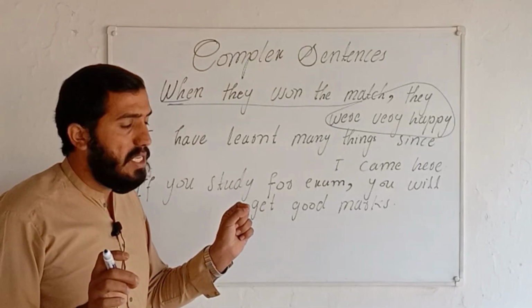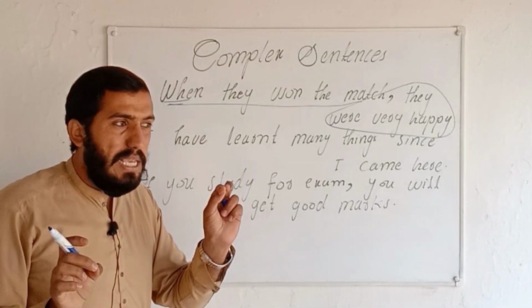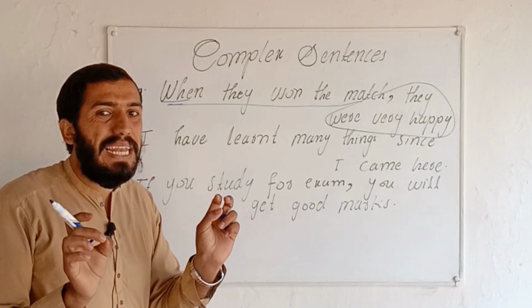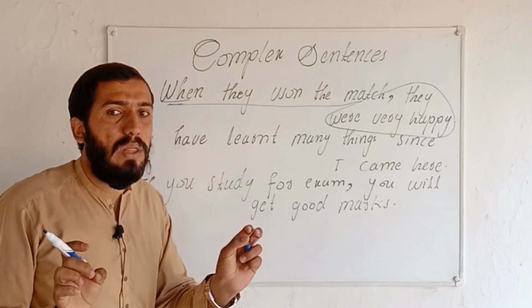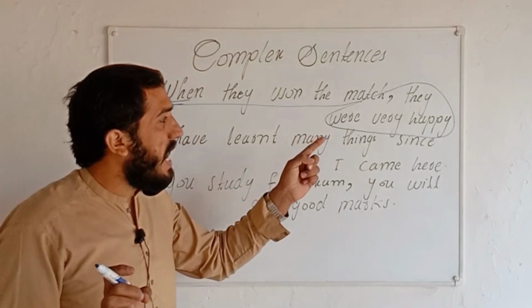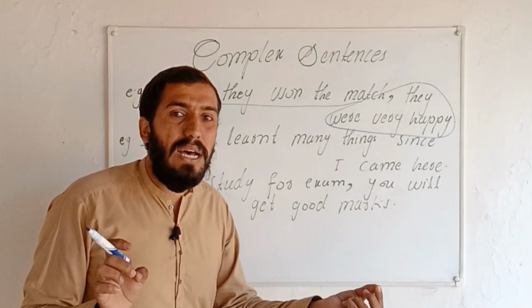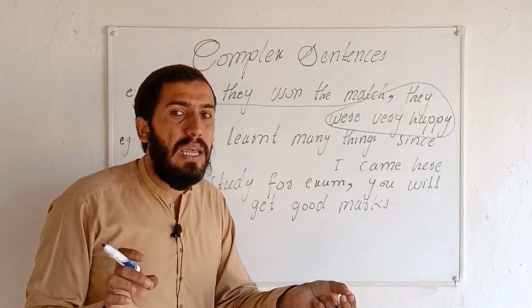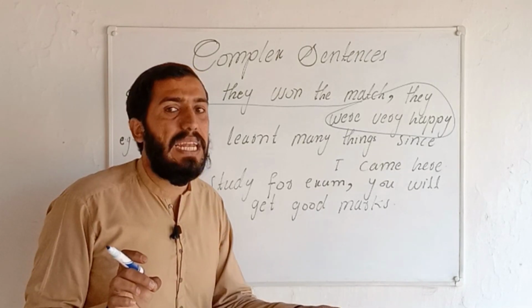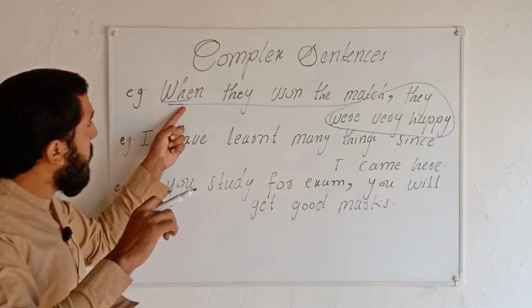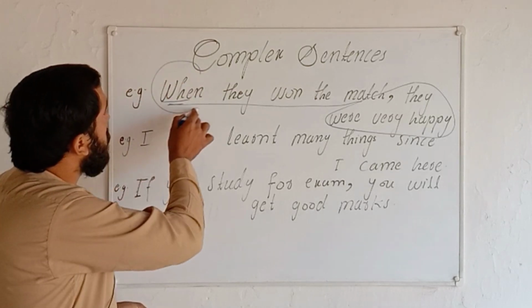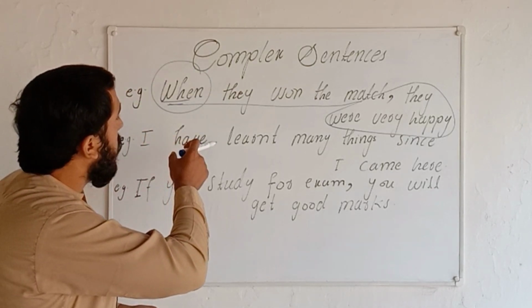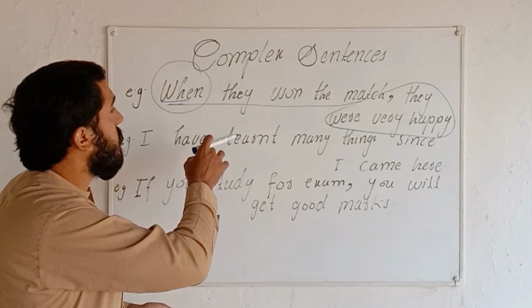In complex sentences, one clause is a dependent clause. A dependent clause cannot stand alone. Therefore, you need to use another clause, known as an independent clause. The independent clause completes the meaning of the dependent clause.